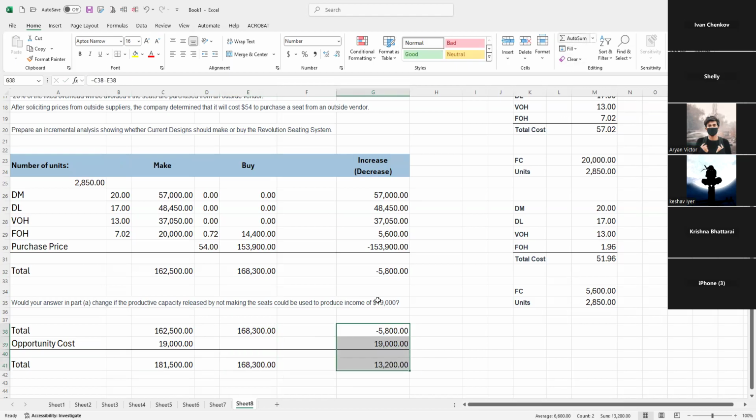And overall, we're going to generate $13,200. So in this case, should I make it or buy it? Buy it, and generate those $19,000 income. Make sense? Yes. And that's your question.